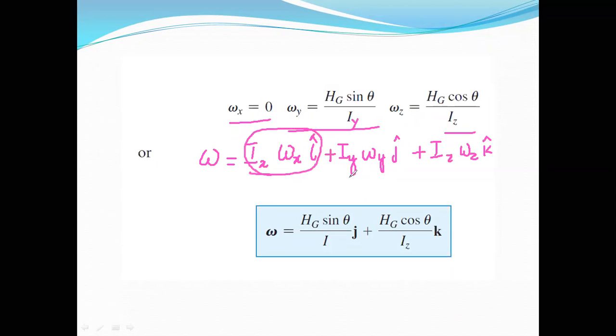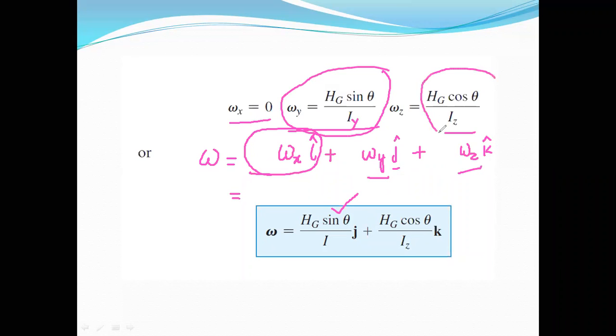Sorry, this is not I here. I is used when you have angular momentum on the left hand side. So you have omega x, omega y and omega z, where this term is equal to 0. Omega y is Hg sine theta over Iy along j cap. In place of omega y, we'll write this expression, and in place of omega z, we'll write this expression, as written here.